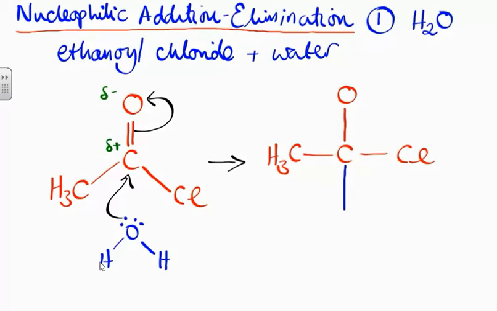Well, the water has formed a bond, or the oxygen has, with the carbon, but both of the hydrogens are still in place. So this looks a little bit strange and it's not quite right. See if you can work out what's wrong with it.